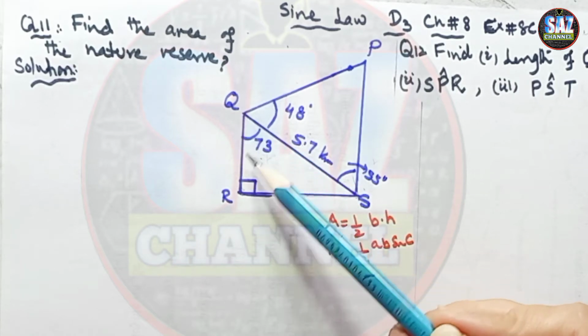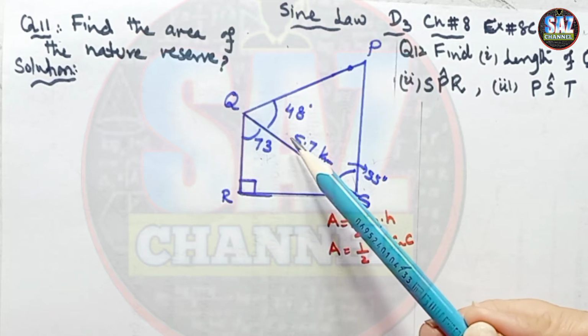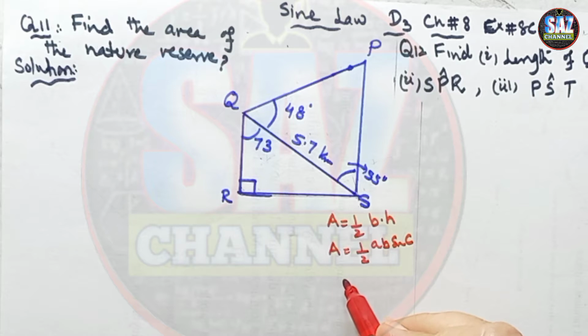With reference to 73 degrees, QR is adjacent and this is the hypotenuse, and recall that by using adjacent and hypotenuse, which trigonometric ratio can we apply? Adjacent upon hypotenuse, that will be cos of the acute angle, cos of Q.